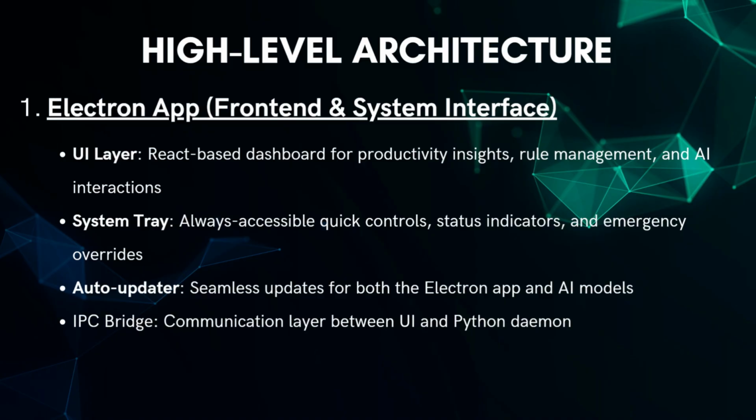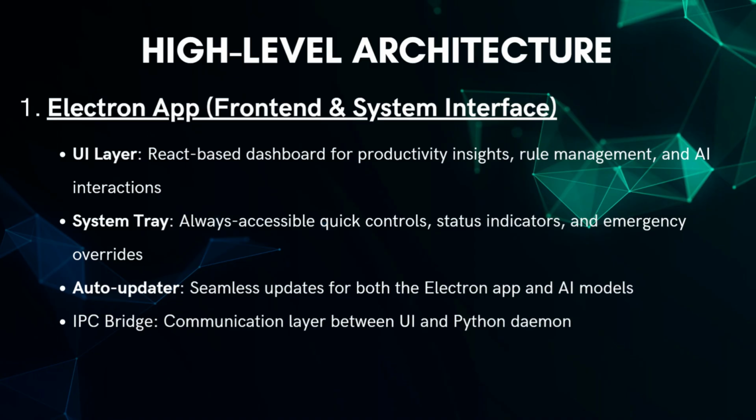So for building the front end, we will be using Electron JS along with React and TypeScript. The UI dashboard will be React based with all the productivity insight, rule management, and AI integration. Along with that, we will also be using a system tray, so that it is easily accessible, like whenever you want to pause, or check the status, or quick control.